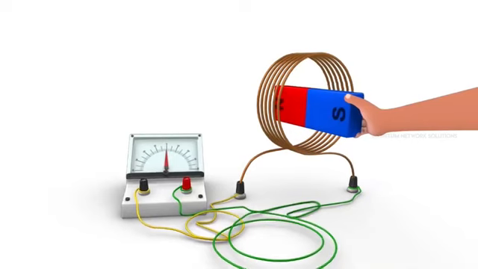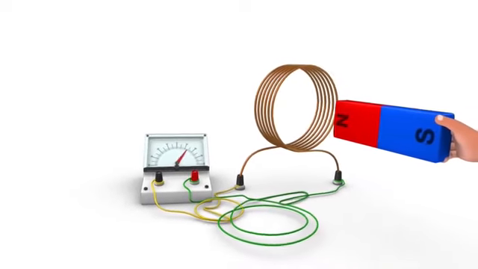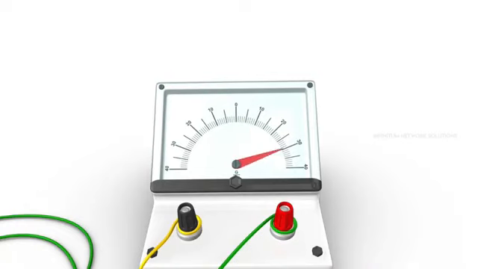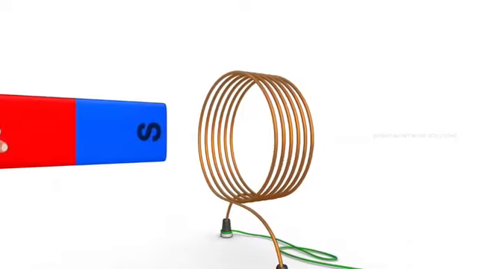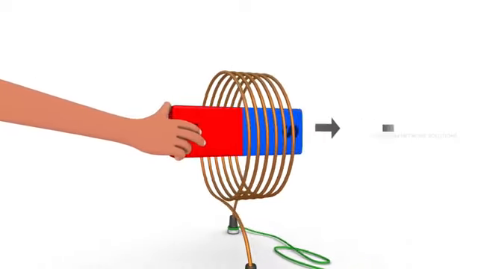Now, if the magnet is moved faster, it gives a larger deflection due to the greater current in the circuit. The bar magnet is reversed, that is, the south pole now faces the coil. When the experiment is repeated, the deflections are opposite to those obtained in the case of the north pole.